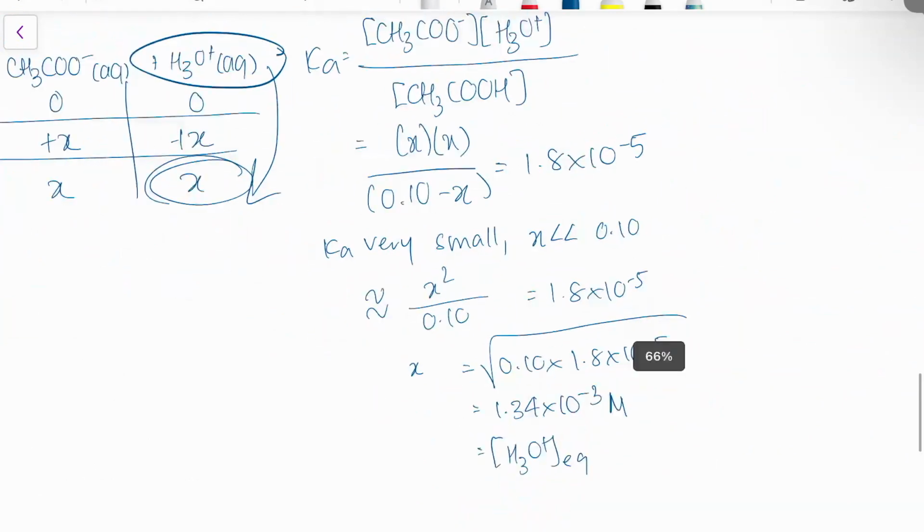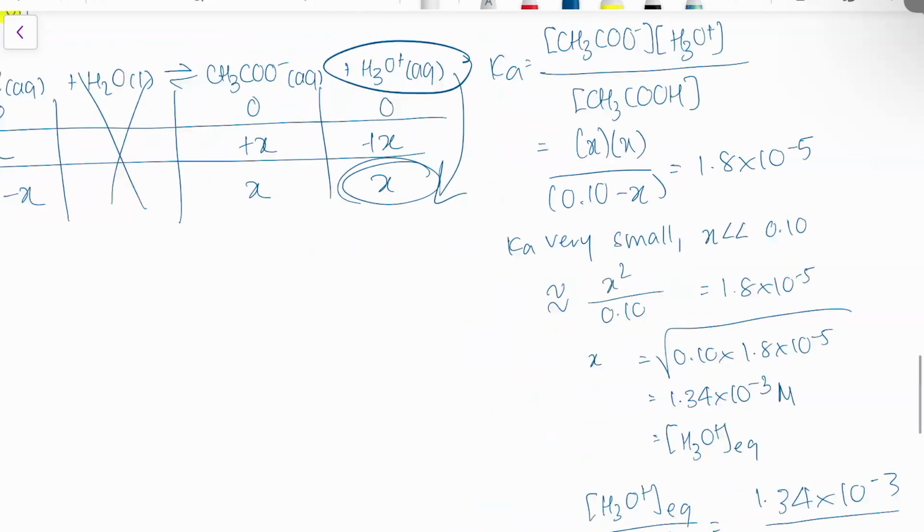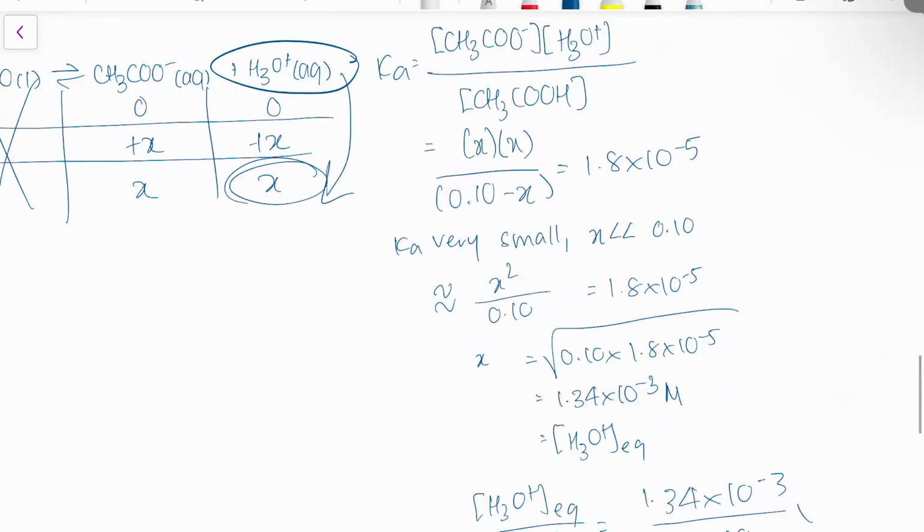Now I've got everything I need. I don't need the acid concentration because my equation for percentage ionization takes the initial concentration, which they already gave me in the question. So I sub that straight in: [H3O+] over [HA] initial is equal to 1.34 times 10 to the minus 3 over the initial concentration of the acid, 0.10 molar, and then I times by 100.